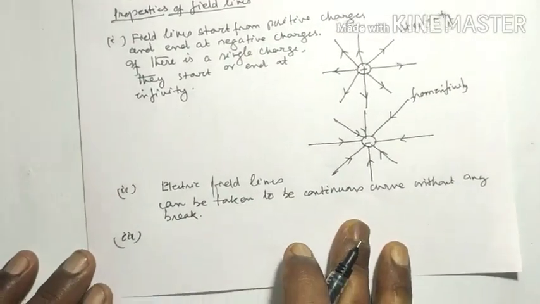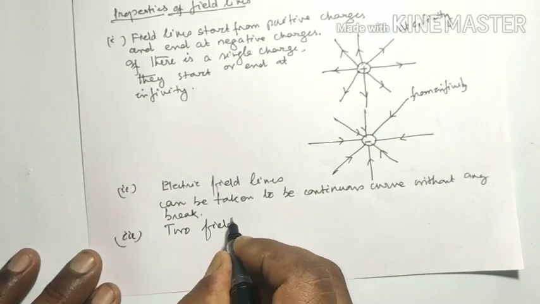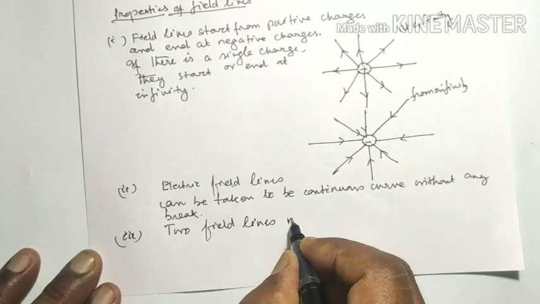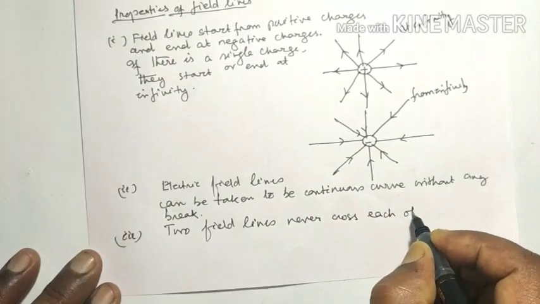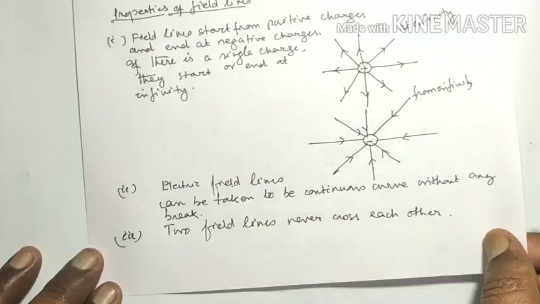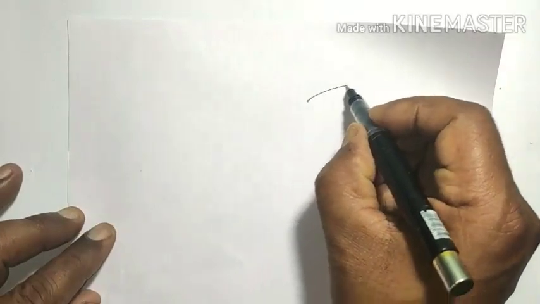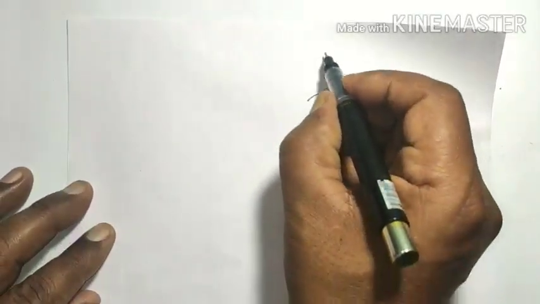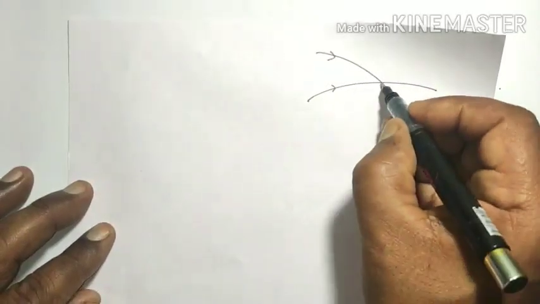Then third property, a very important property: two field lines never cross each other. Suppose we take two field lines, this is one field line and this is another field line. Suppose they cross at a point.